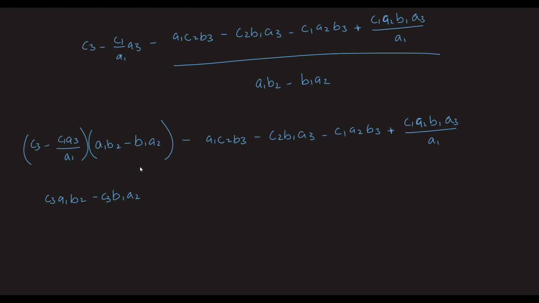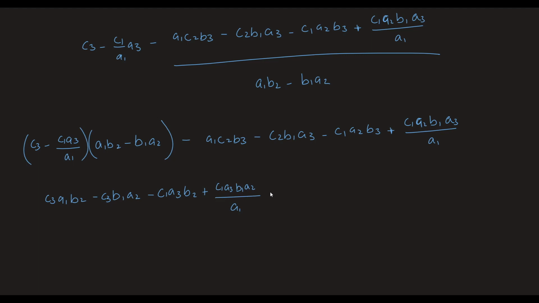So the A1s are going to cancel, so we're going to have minus C1 A3 B2, because the A1s cancel when we've multiplied those two terms together. And then we've got plus, because we've got two minuses now, plus C1 A3 B1 A2 all over A1, okay?